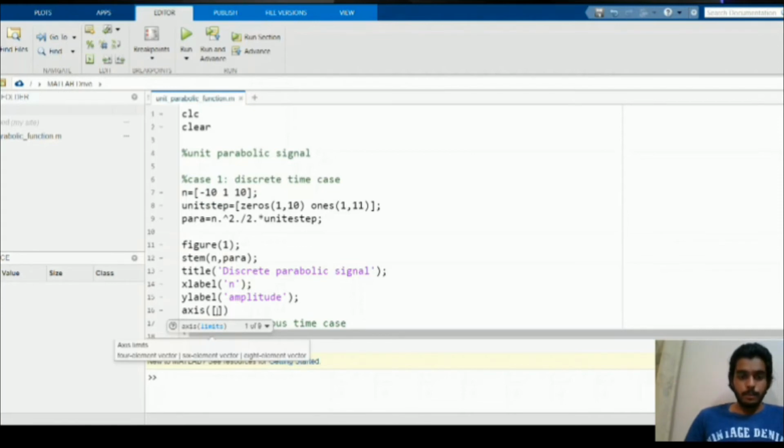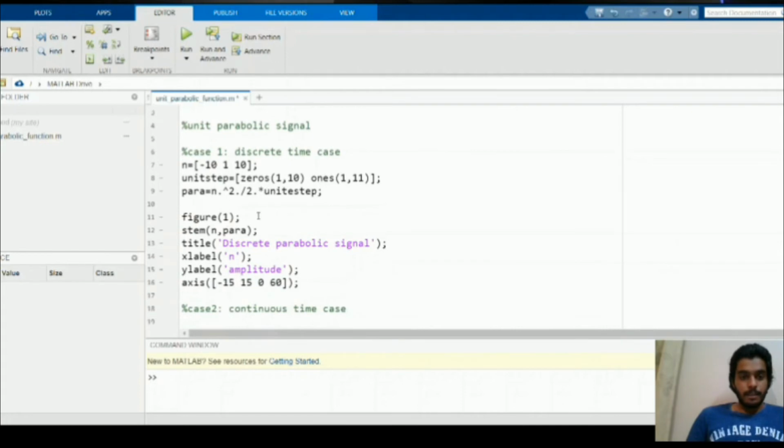What the axis command really does is limit the graph portion which we want to see plotted. It can either include the minus 10 or 10 part, or exclude it. Here we will give it as minus 15 and plus 15 for the x-axis, and 0 to say 60 for the y-axis.